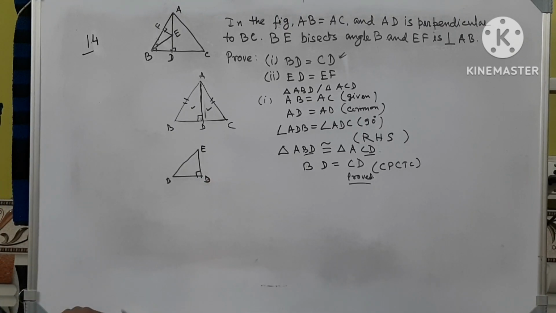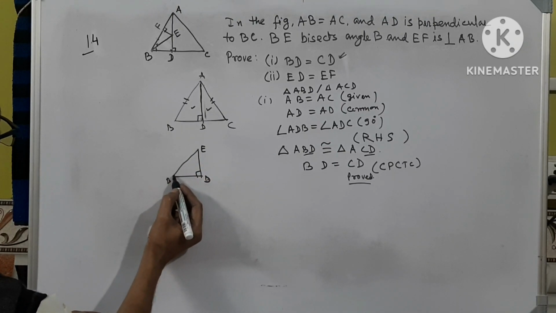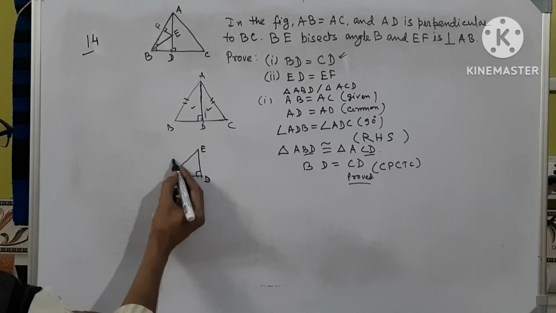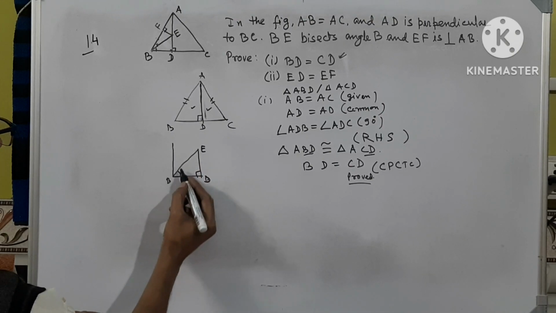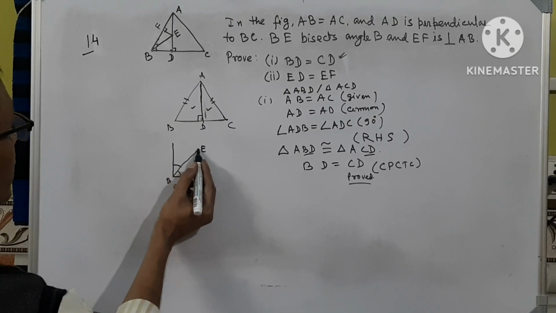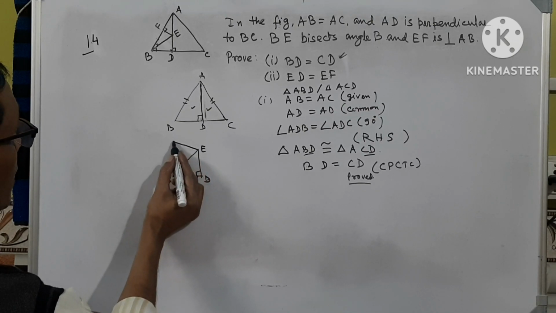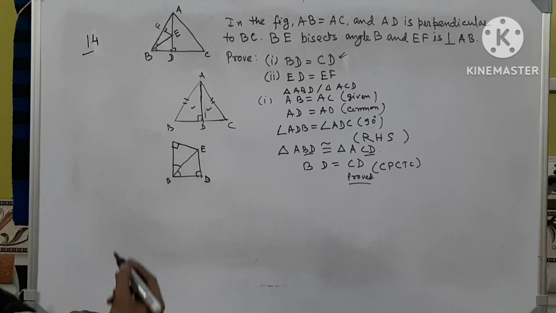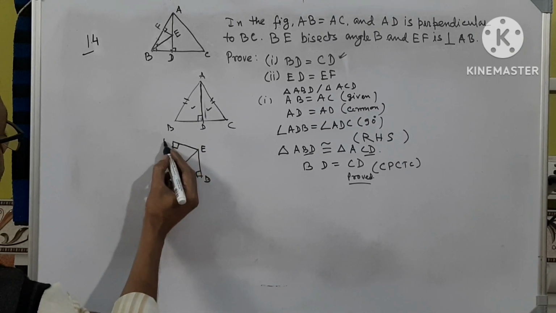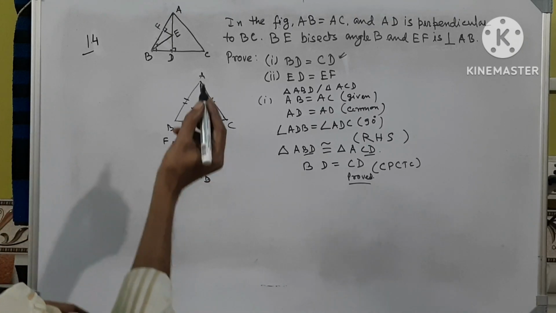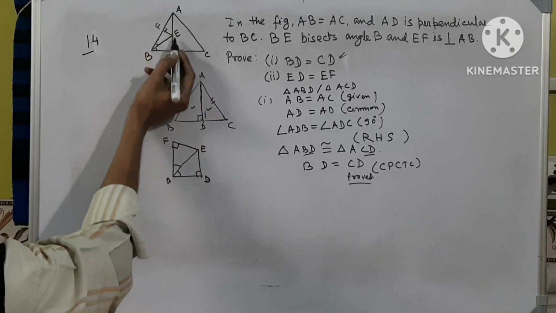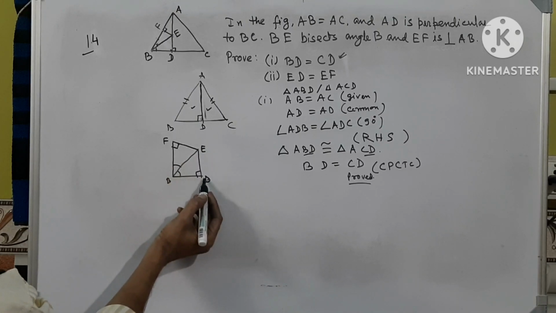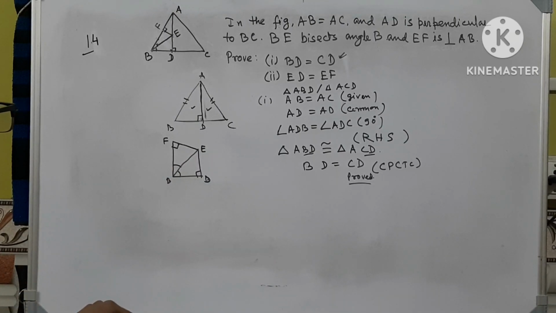So EDB is 90 degrees, and again this angle equals this angle, and this is 90 degrees, and this is F. I did the same figure FEDB in a separate place to make it clear.